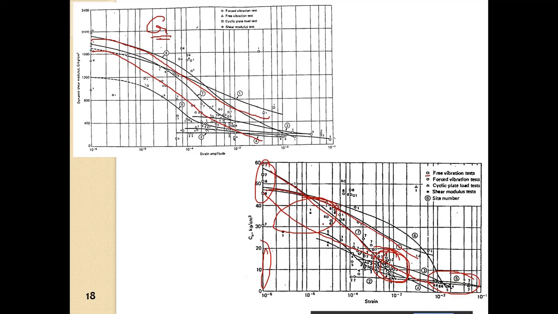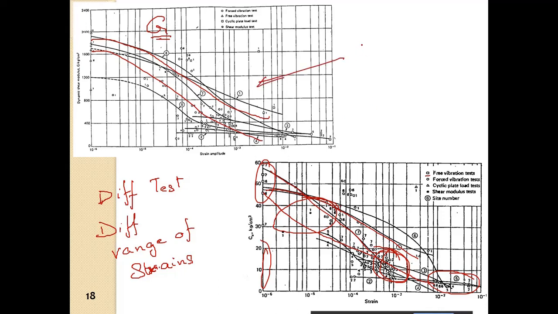So various ranges and various tests, different tests, different range of strains, and therefore different stiffness, which ultimately leads to different coefficient of uniform elastic compression.